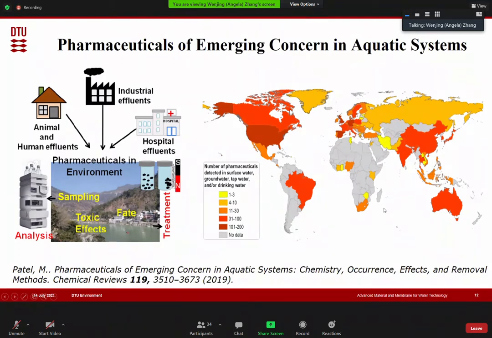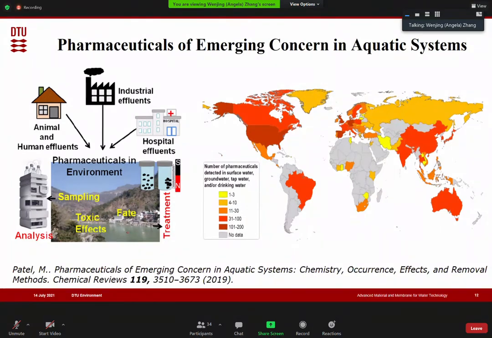So those pharmaceuticals often have quite a small molecular size and low concentration. And for conventional wastewater treatment plants, the removal efficiency is sometimes below 50%. That's why they can penetrate our conventional water treatment technology.